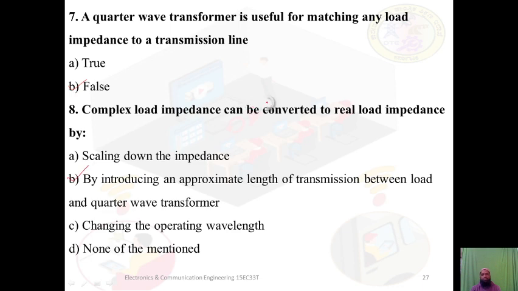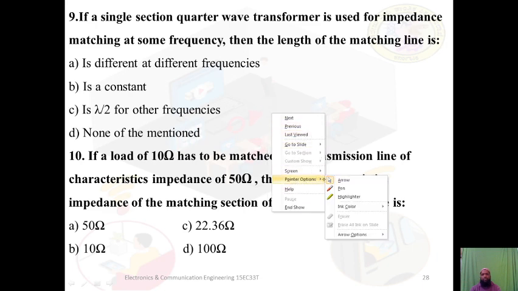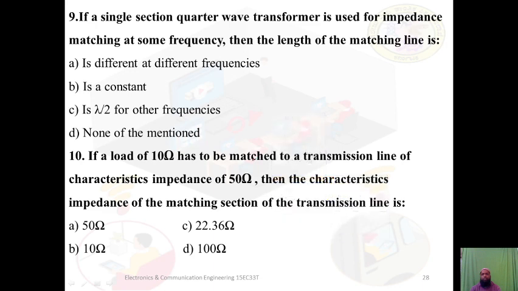Question number 9. If a single section quarter wave transformer is used for impedance matching at some frequency, then the length of the matching line is: A, different at different frequencies; B, a constant; C, lambda by 2 for other frequencies; D, none of the mentioned.